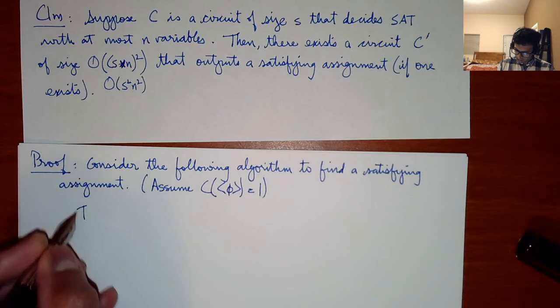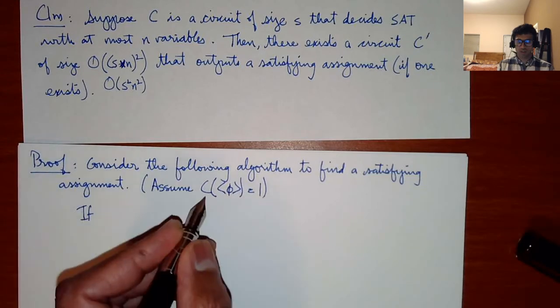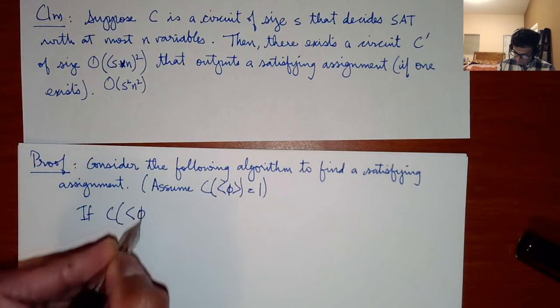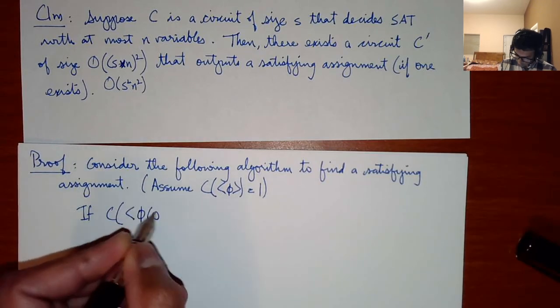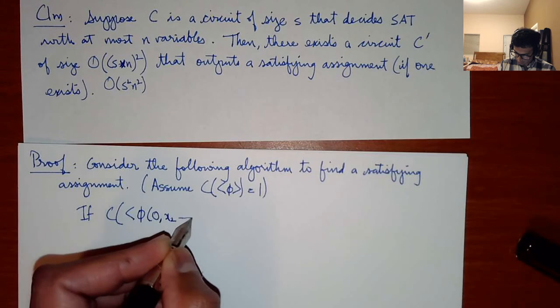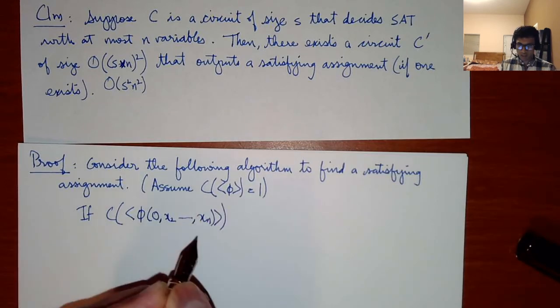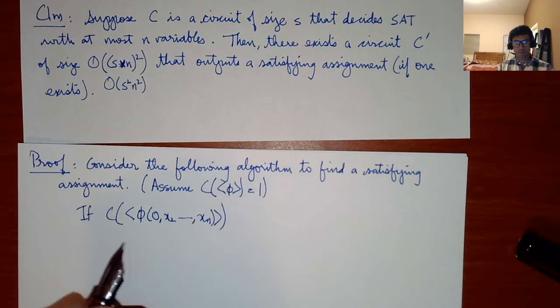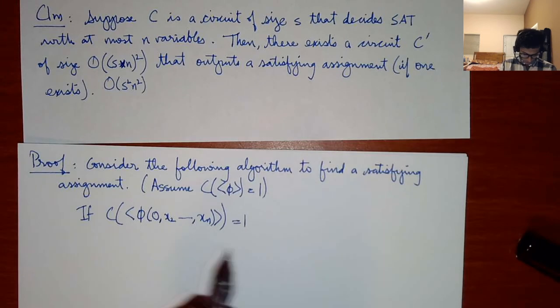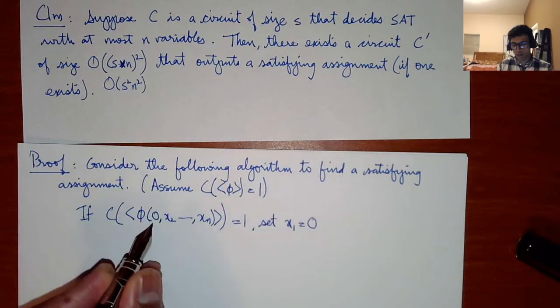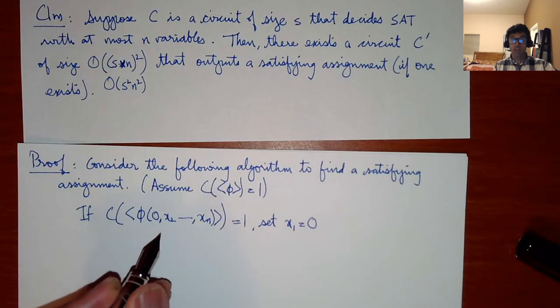So what we'll do is, we have a circuit that decides SAT. We can apply the circuit on the formula phi where we set the first variable to 0 and keep all the other variables. If this is 1, we can set x1 to 0, because we know that when you set the first variable to 0, there exists a satisfying assignment.